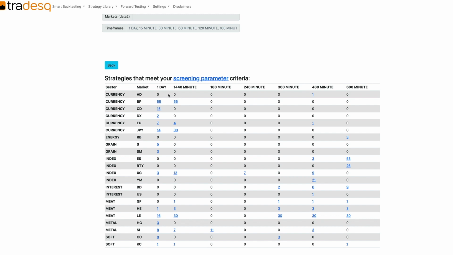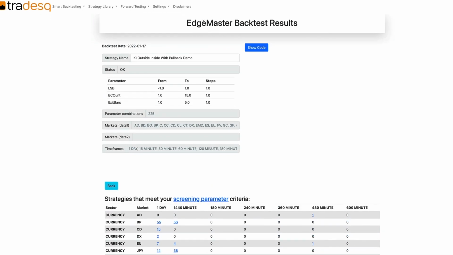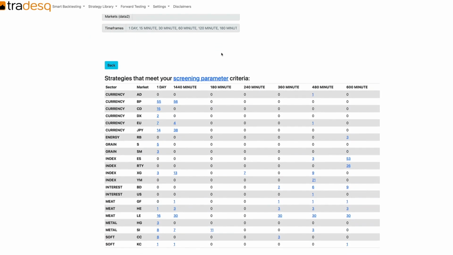And so when we take a look at the British pound here, under the daily time frame, we have 55. What does that mean? Tradesq calls these edges. Thus, at the top here, this is our EdgeMaster backtested results. So when we look at the British pound under the daily time frame, we have 55 edges.